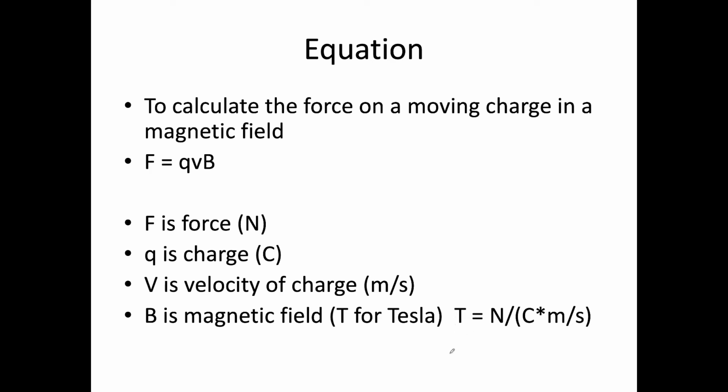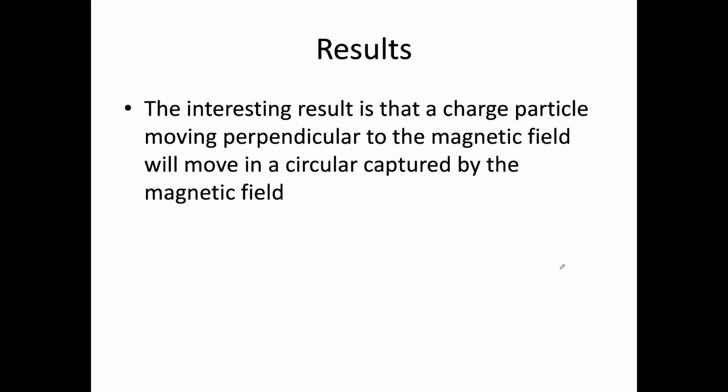And Tesla, this big T, is equal to newtons divided by coulombs times meters per second, or newton seconds over coulombs meters. And another way to write that is that T is equal to N·s, newtons times seconds, over coulombs times meters. And that's another way to write the unit for Tesla.